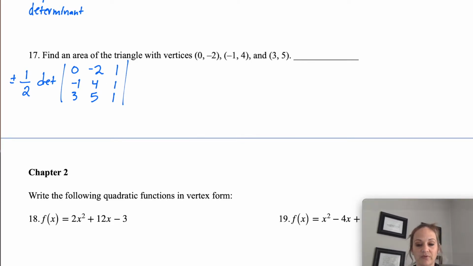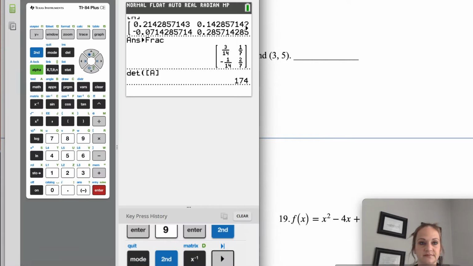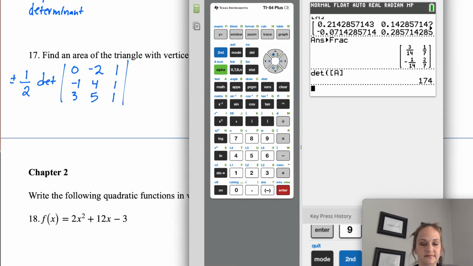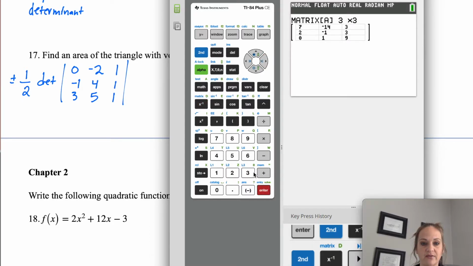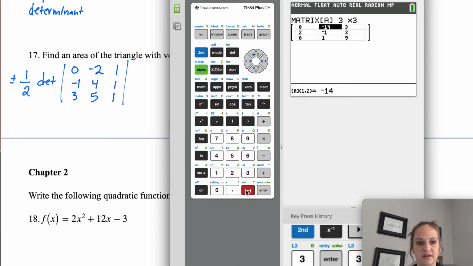So you're going to plug in. I'm going to edit my first matrix again. So I'll have a 3 by 3. So I'll have 0, -2, 1, -1, 4, 1, 3, 5, 1.